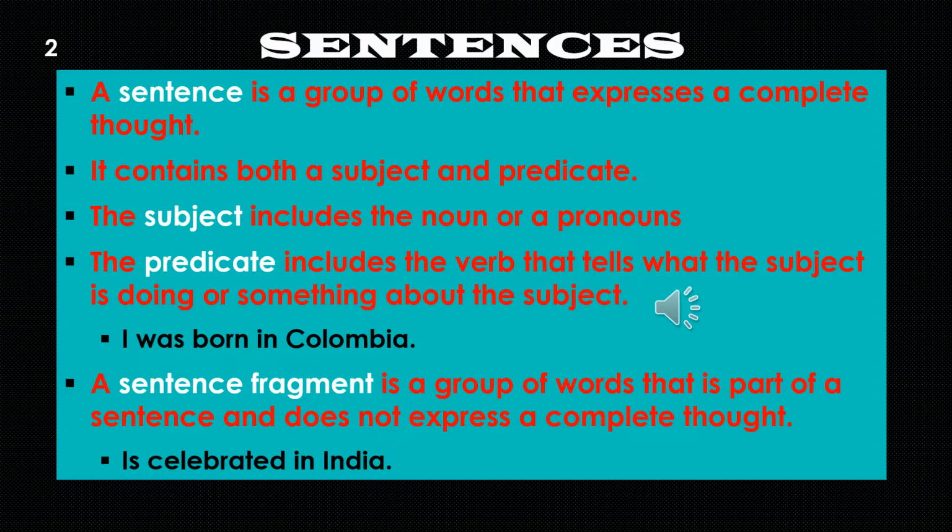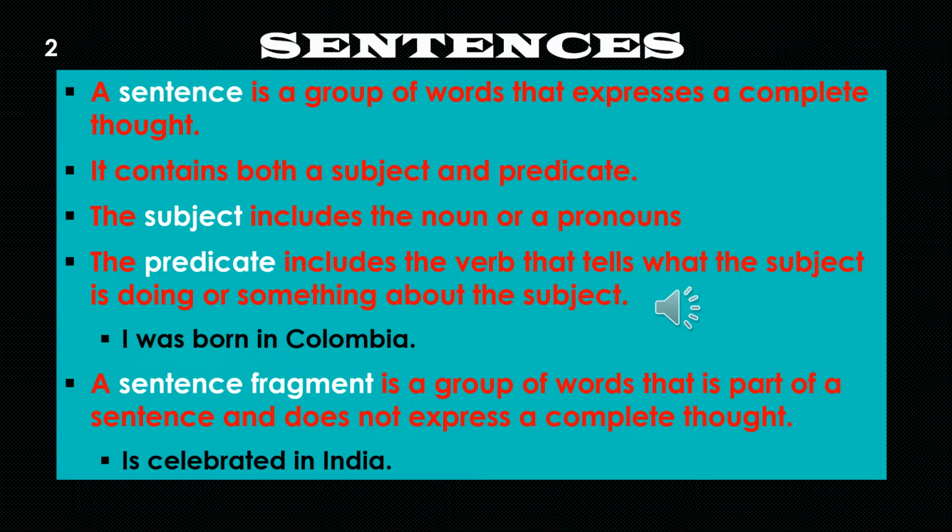One more time, let's read it. A sentence is a group of words that express a complete thought. It contains both a subject and a predicate. Now, what is a subject and what is a predicate? The subjects include the noun or a pronoun.